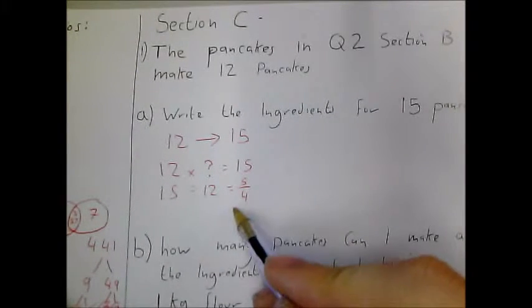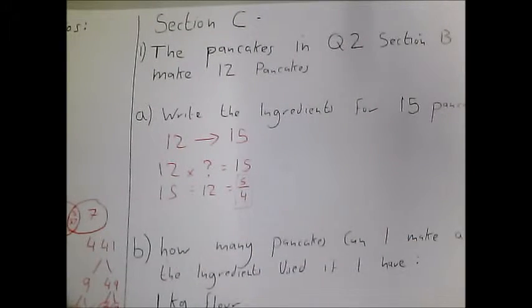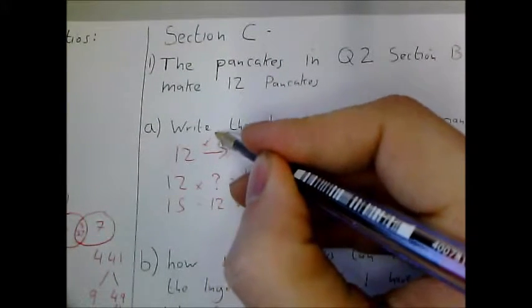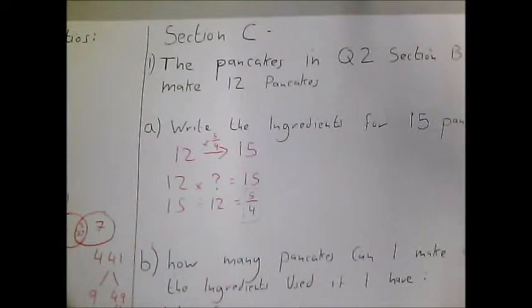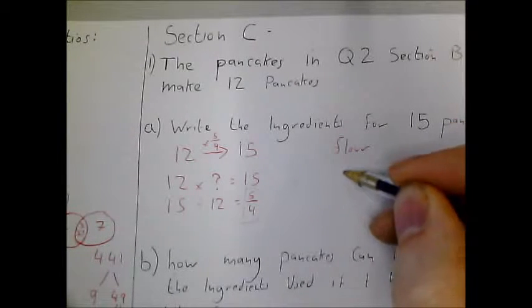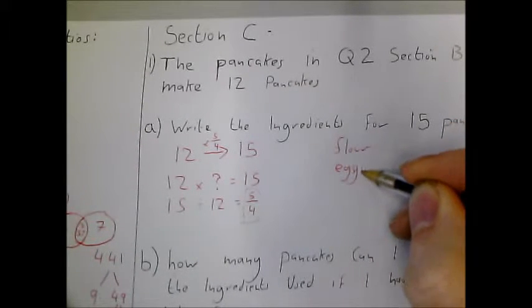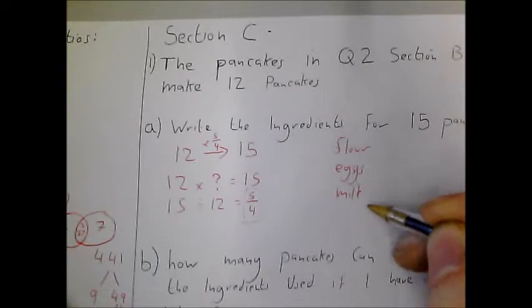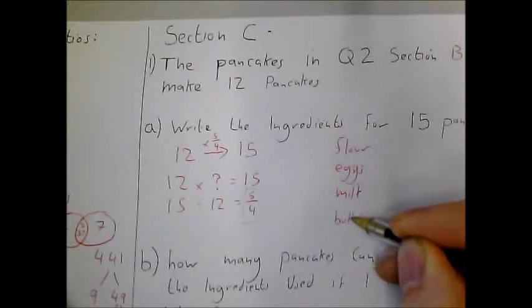Okay, so all of my ingredients need to be multiplied by this multiplier, 5/4, and that'll give my ingredients. So flour, eggs, milk and butter.